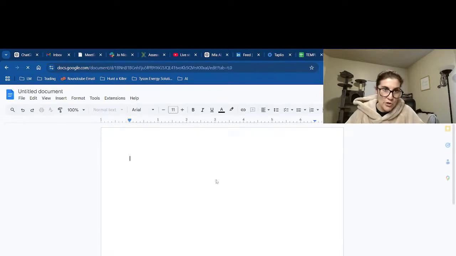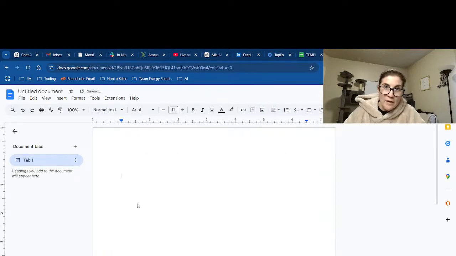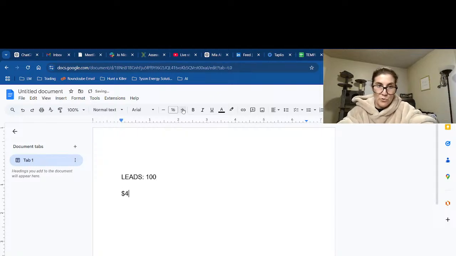Okay, so I'm going to show you some quick math. Would you rather have, let's say, here are our leads. We have 100 leads. We can either charge $4 a square foot, or plug in the price that you're currently charging, or we can charge $6 per square foot.